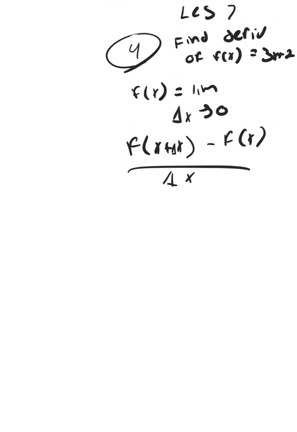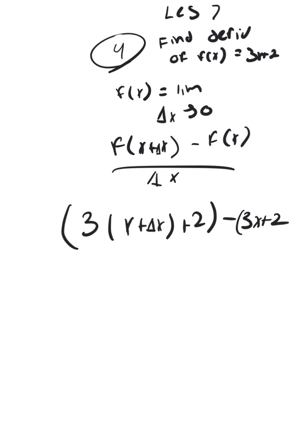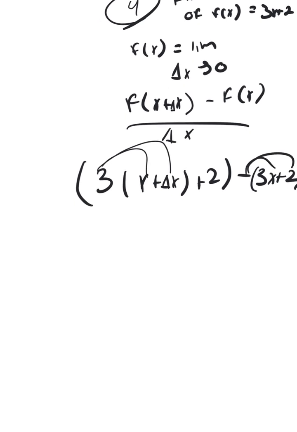This also equals 3 times x plus delta x plus 2 minus 3x plus 2. If we do basic algebra, find out this times this, plus 2, negative goes to both of those.